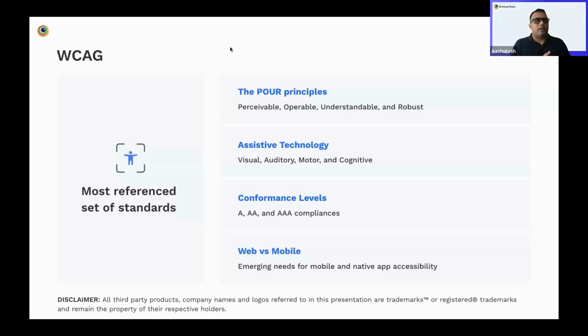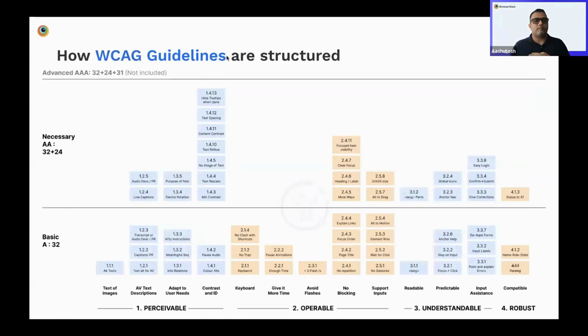Moving on, if you can go to the next slide, please. Yeah, so this is the image that has helped me understand how the WCAG guidelines are structured. If you see, there are 4 principles at the very bottom layer. You can see that it is perceivable, operable, understandable, and robust. And then if the guideline number starts with 1, that belongs to perceivable.